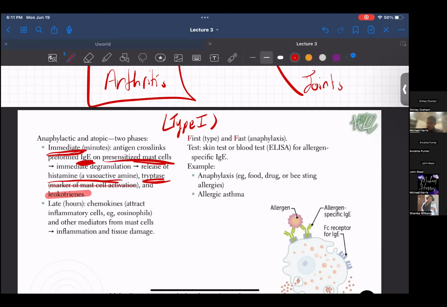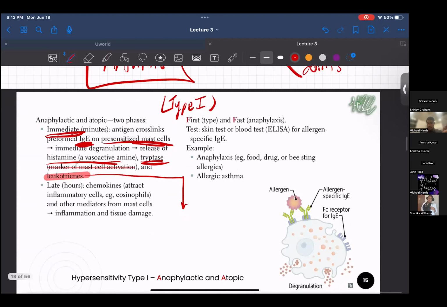Now, these leukotrienes, which one in particular is important? Which leukotriene is very important? So, here with the leukotrienes, you got things like leukotriene D4, which is very big with vasodilation.